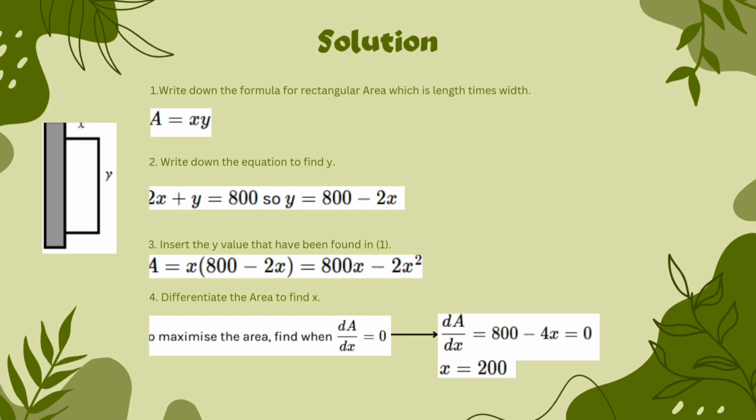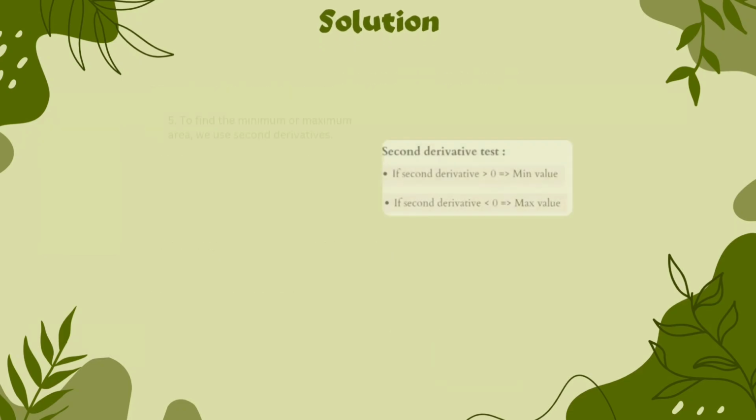For the fourth step, we differentiate the area to find x. We want to maximize the area, so we find the derivative dA/dx = 0. Differentiating, dA/dx = 800 - 4x = 0, and the answer is x = 200.